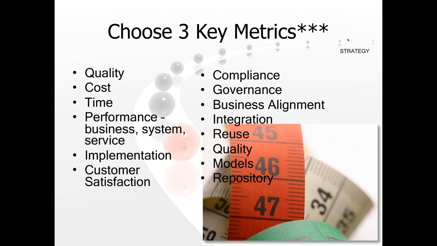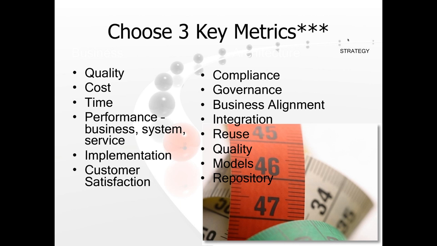So if you happen to be really focused on cost and efficiency is important, well then cost is going to be a metric, and you'll have to have costs of various things. Is it time? If you're focused on innovation, well then time to deliver may be something that you're going to have to measure. Is it performance? Is this the business, the system, the service in your company?